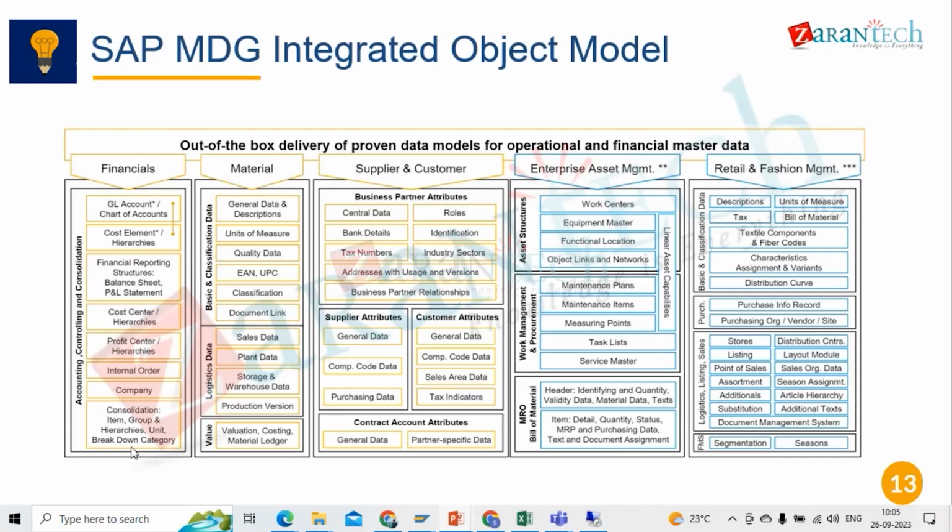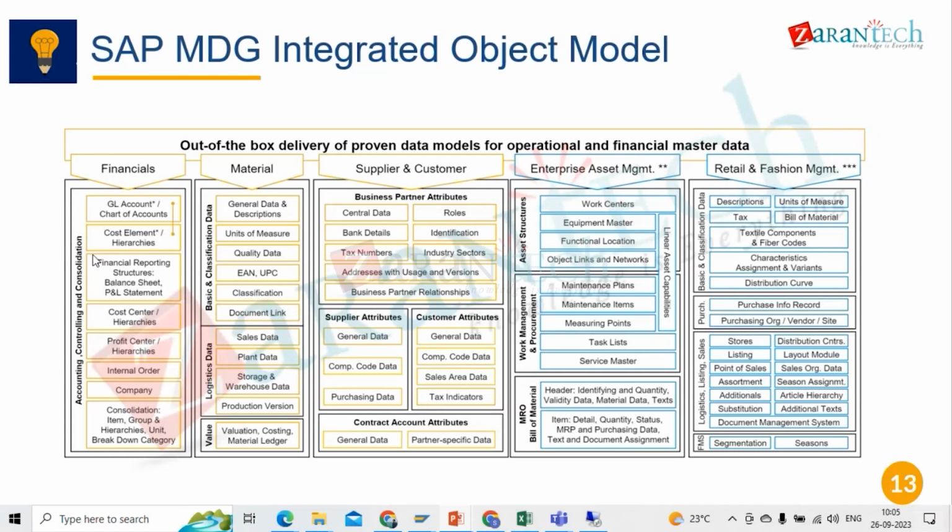Here we see the object GL accounts. We are going to create the chart of accounts, and also maintain GL accounts at the central level, which means chart of accounts level. And here we are going to create cost element hierarchies.